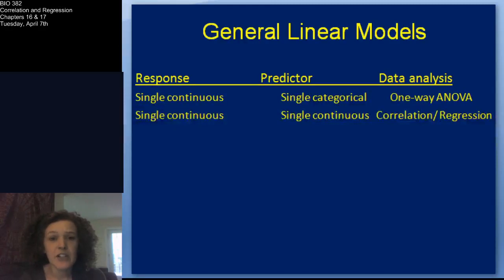With correlation and regression, for both of them, you have a single continuous response variable and a single continuous predictor variable. Depending on what your question is and your data, you might use a correlation or a regression. We're going to talk about why you might use each one in a sec, because you're going to have to choose.